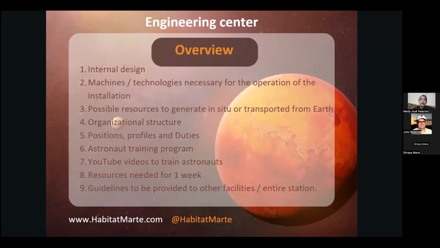Here we have an overview of the topics that we're going to talk about, like internal design, machines or technologies necessary for the operation of the installation, possible resources to generate in situ or transport from Earth, organizational structure, positions, profiles, and data, astronaut training program, YouTube videos to train astronauts, resource need for 1 week, guidelines to be provided to other facilities or the entire station.